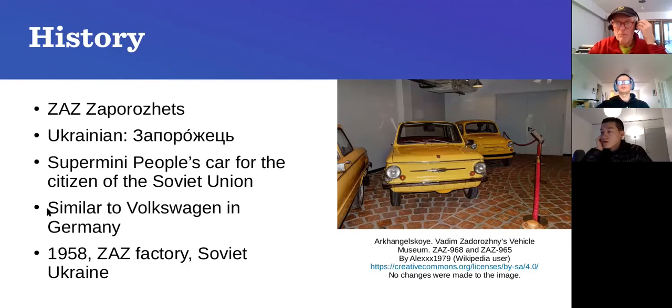It's in some ways similar to the Volkswagen concept, and I think Italians had Fiat, and other countries, other cars. And so this is made in around 58 in the ZAZ factory in the Soviet Ukraine.